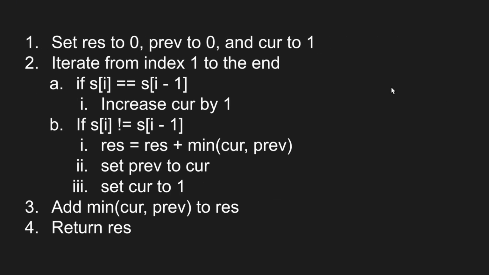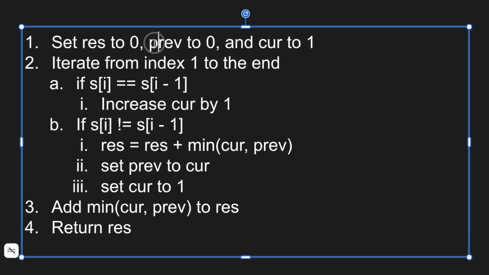What we can do is set result to 0, previous to 0, and current to 1. Current can represent the number of zeros or ones, and same for previous, and they will alternate as we iterate through the array. So we will iterate from index 1 to the end. That's why we set current to 1. And we will check if the current character is equal to the previous one.